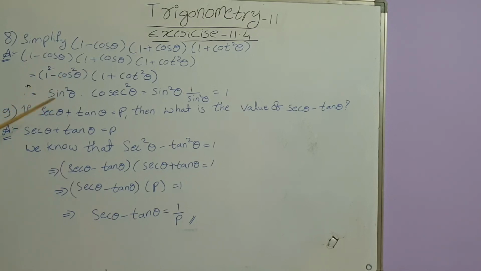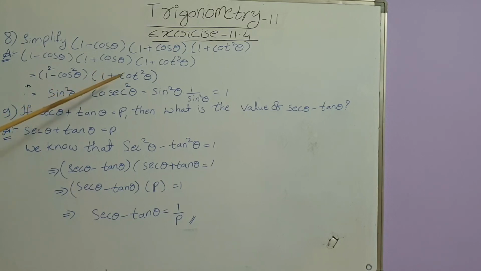Formula: sin square theta plus cos square theta is equal to 1. So here 1 minus cos square theta is equal to sin square theta. And 1 plus cot square theta is cosec square theta. Cosec square theta minus cot square theta is equal to 1.